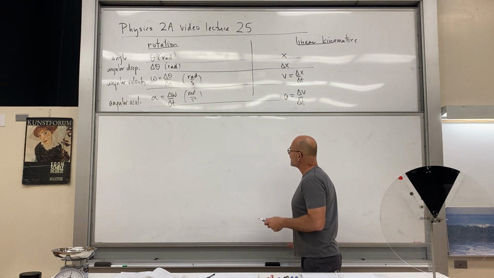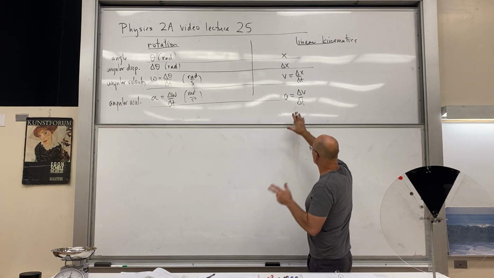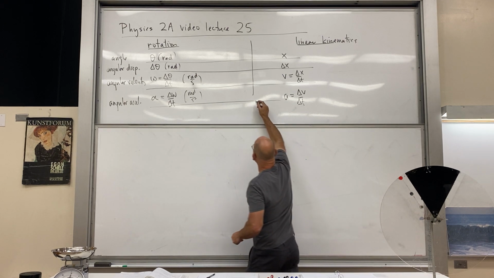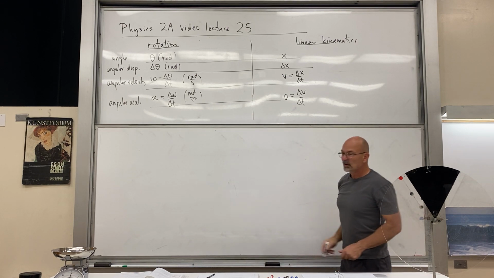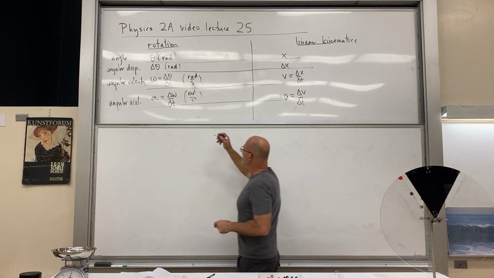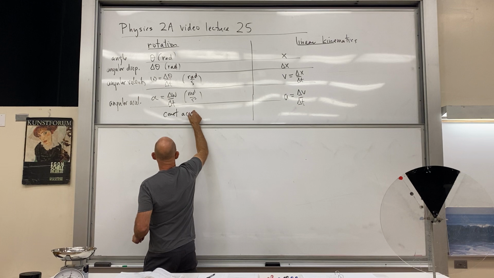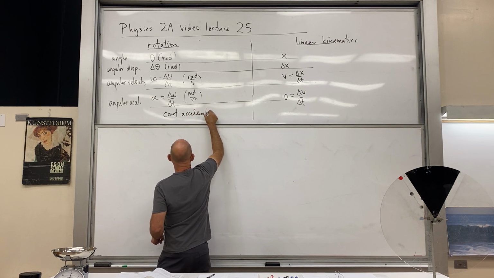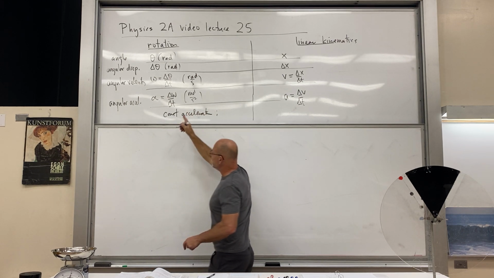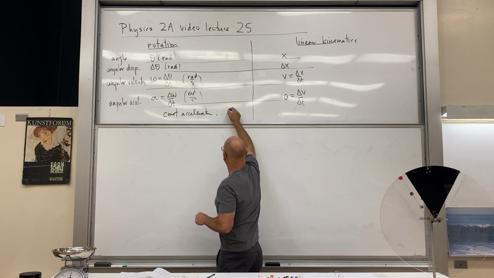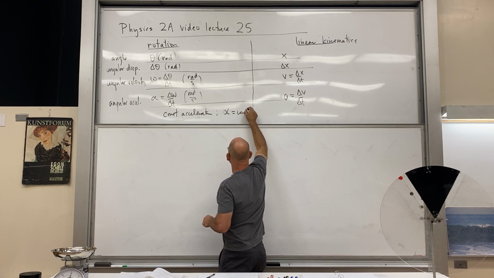This is a nice table to have in front of you because we've learned this and we can inherit what we learned. So then coming underneath here, constant acceleration, that means constant angular acceleration. So alpha is constant.